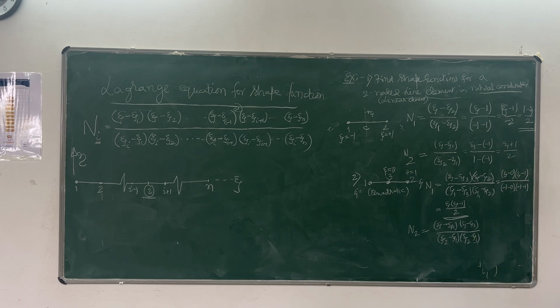Correct? So this is nothing but psi minus of minus 1. Psi 1 is minus 1. Minus of minus 1 into psi minus psi 3, 0, divided by psi 2 is 1 minus of minus 1, then 1 minus 0.